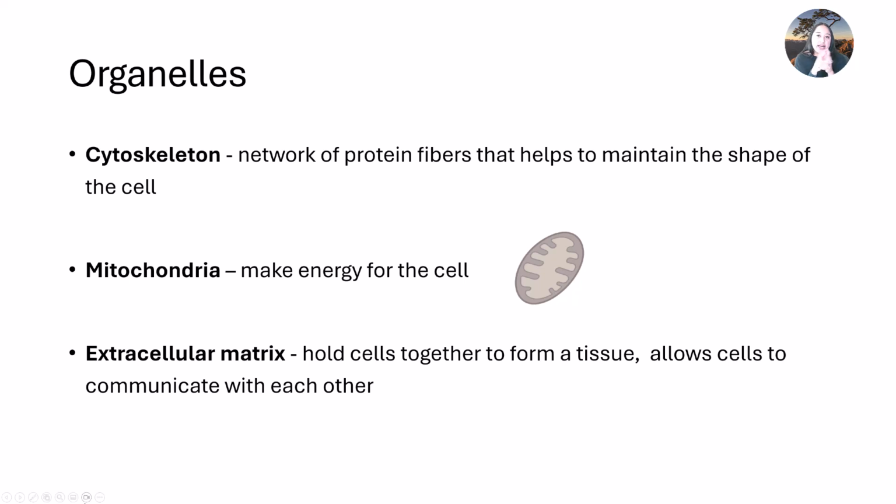There is a little internal skeleton for the cell made of these fibers that help maintain its shape. It gives it structure, and it also helps in moving things around the cell. So even though we don't show it that much, there is this whole network of fibers throughout the cell that helps maintain the shape and also helps move things around.